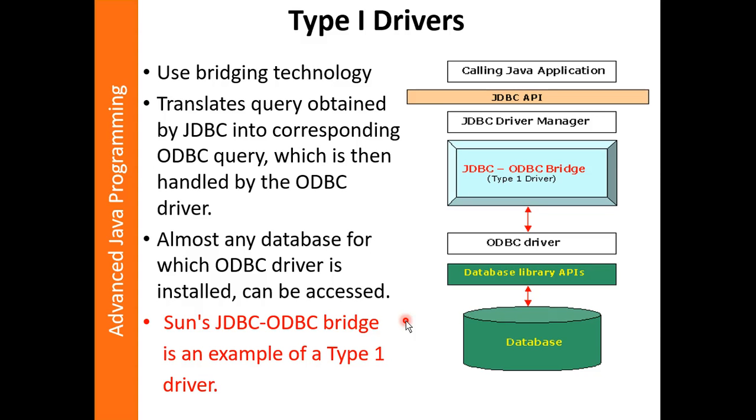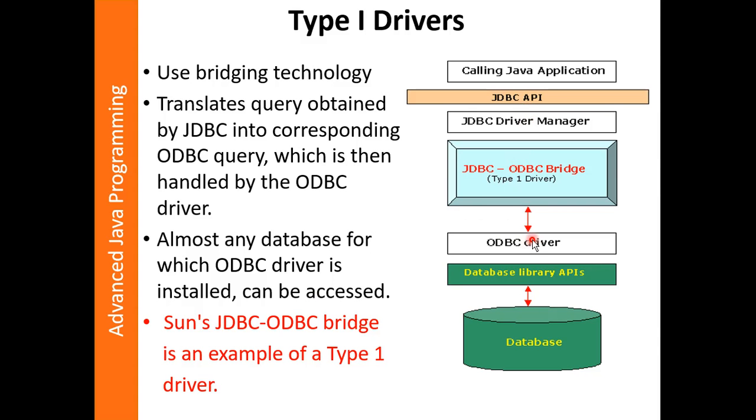So the first driver is type 1 driver, which is also known as a JDBC ODBC driver. This driver uses a bridging technology, which is a JDBC ODBC bridge. So this driver converts the JDBC calls to ODBC calls and gives it to the ODBC driver.